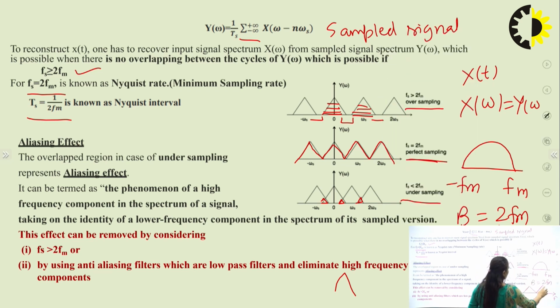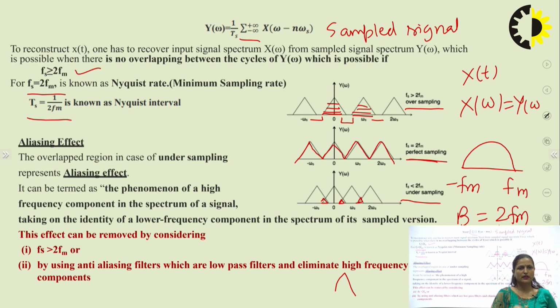So this is perfect sampling. But in case of undersampling, this will come here. So we can say this higher frequency component will lie in the lower frequency spectrum.